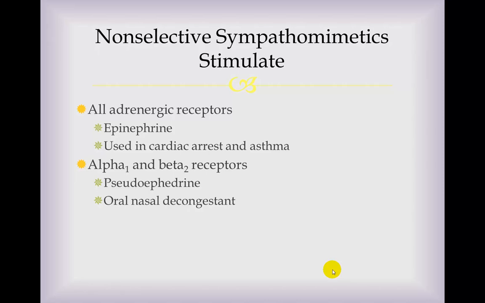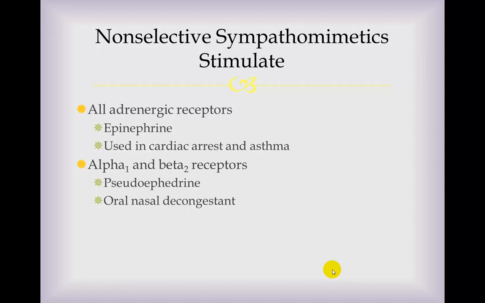When used for cardiac arrest, it's going to cause bronchodilation. Now, this is a side effect. It's not the initial intent. However, when used in that situation, it's a beneficial thing because the more air the person can get in, the better when their heart rate is irregular at best.